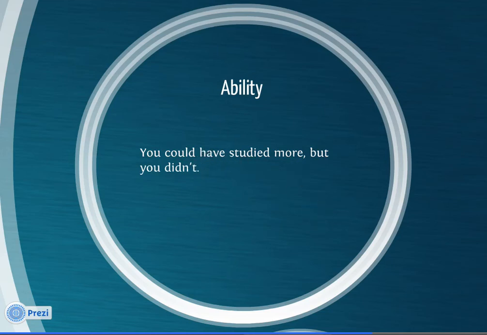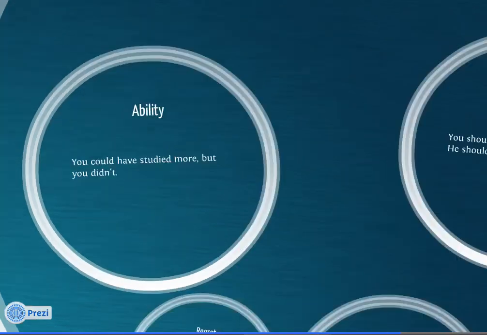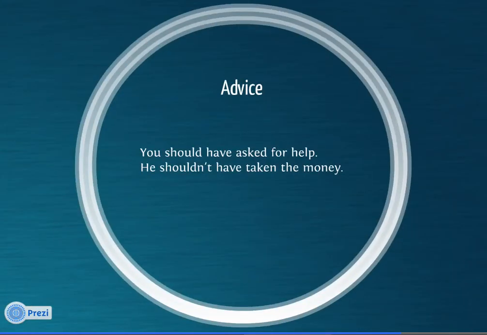Or advice for the past: you should have asked for help. That is the advice I would have given you. Or the negative: he shouldn't have taken the money. That's illegal or something.